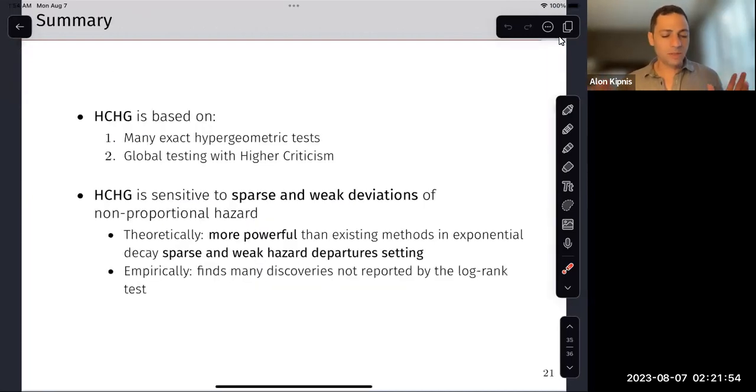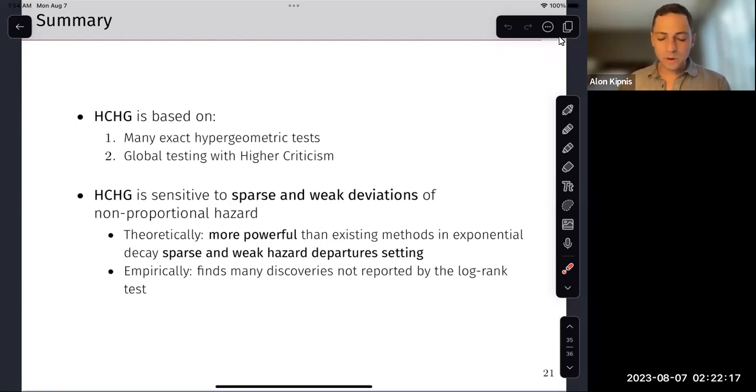With this I will summarize the talk. HCHG, the method we are proposing, is based on many exact hypergeometric tests, and then global testing with higher criticism. As a bonus step, you can also use higher criticism thresholding to identify instances or intervals of excessive risk.